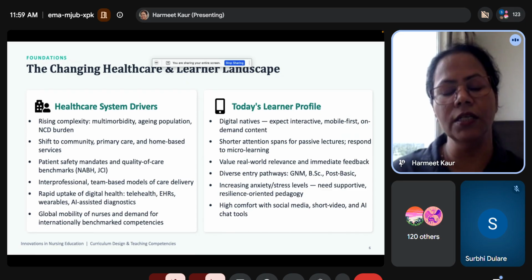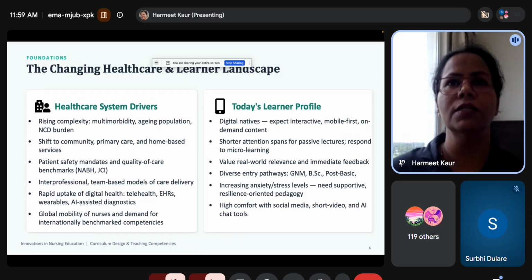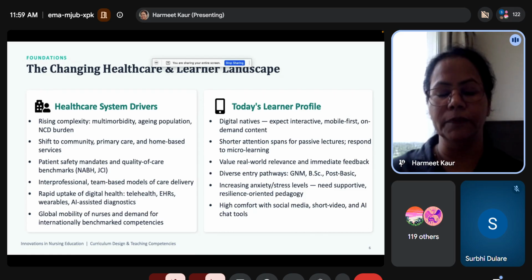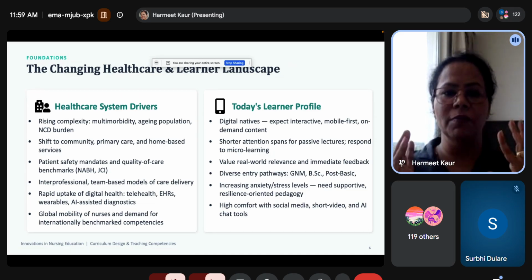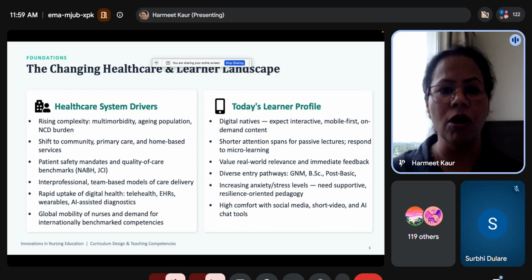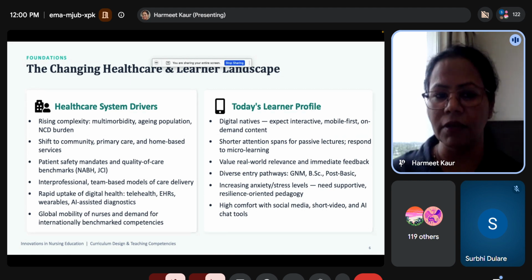or a nurse who is working in the hospital should be able to understand how to take care of one kind of disease only. They should know that this person might be having complexity, might be having multimorbidity, and how I have to take care of all kinds of issues or problems which the person is having.